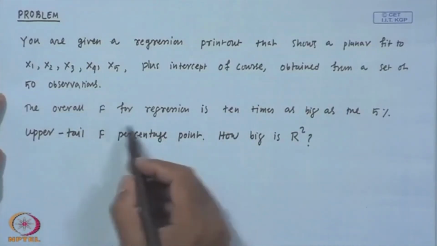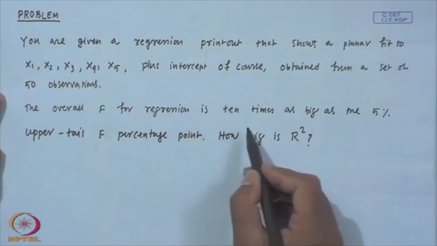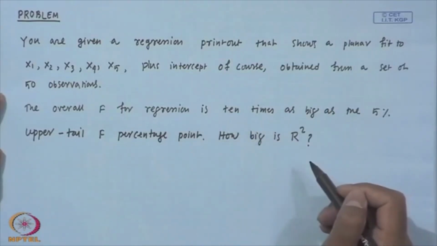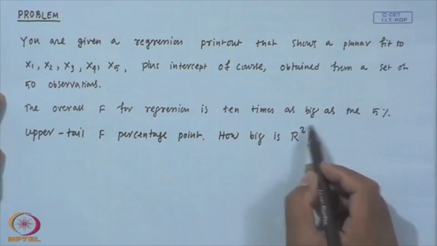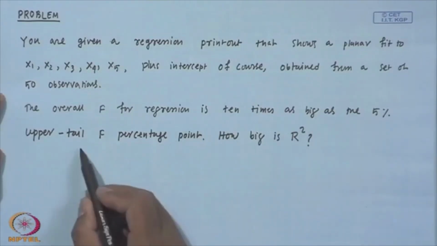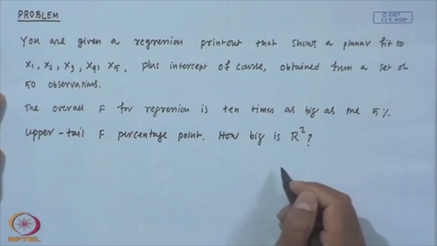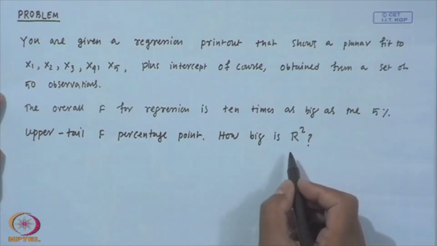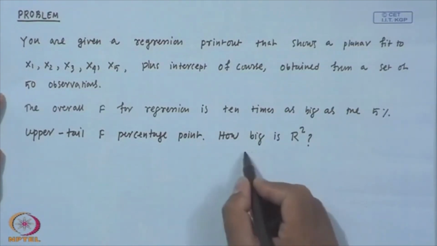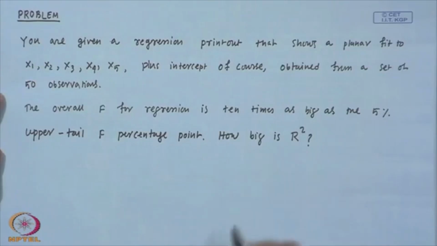The overall f for regression is 10 times as big as the 5% upper tail f percentage point. So, you have to compute how big is R square.